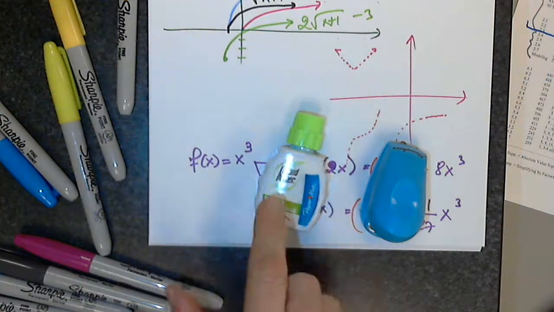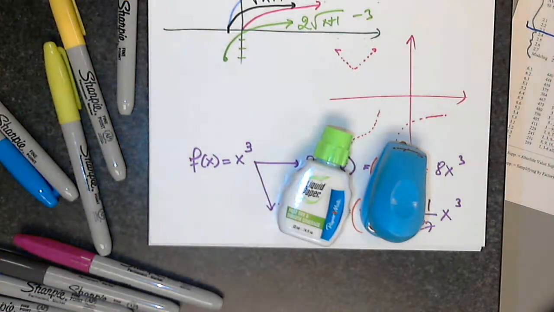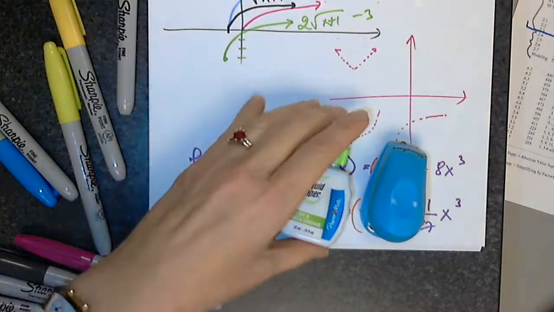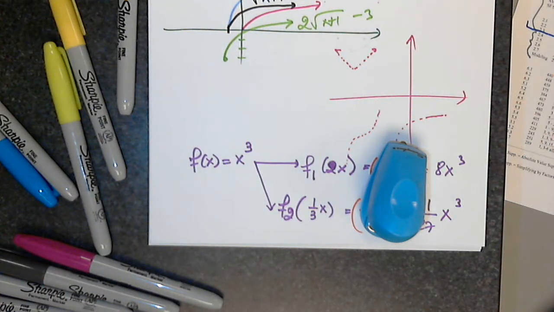So now let's look at this one. How will you graph this? Will you graph it like this or like this? Like this, right? So it's a horizontal stretching of the graph. But look what we did to x. We didn't stretch x. Exactly.